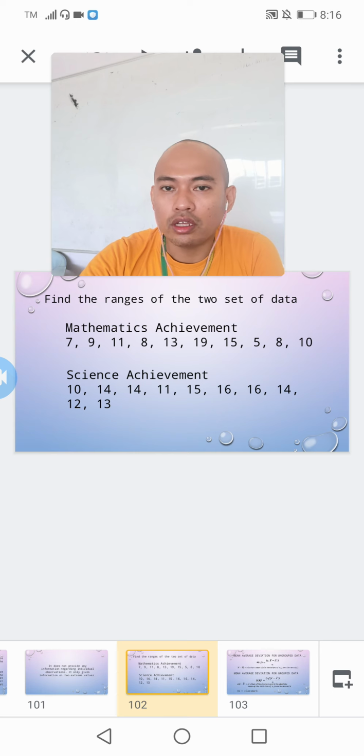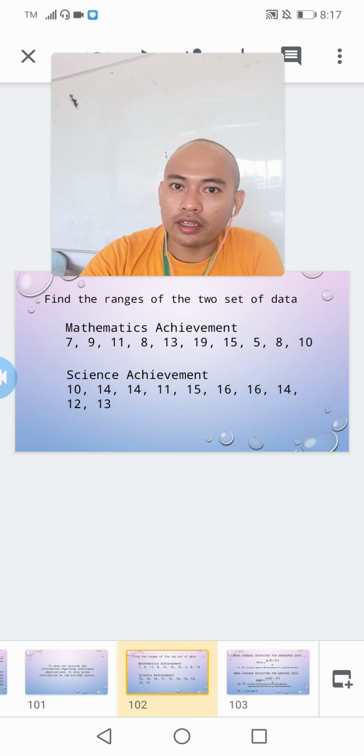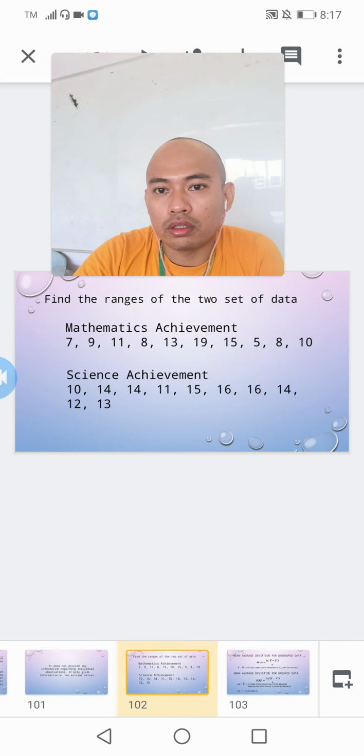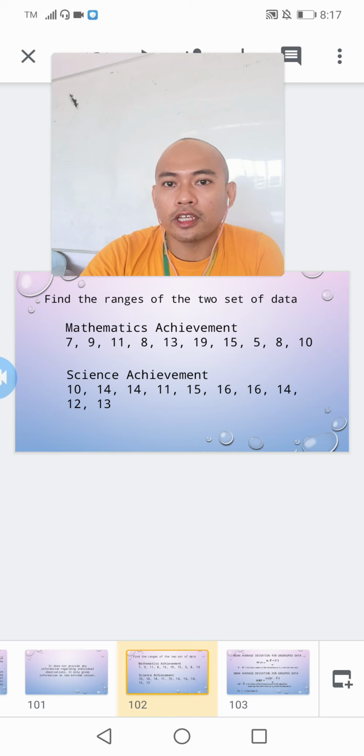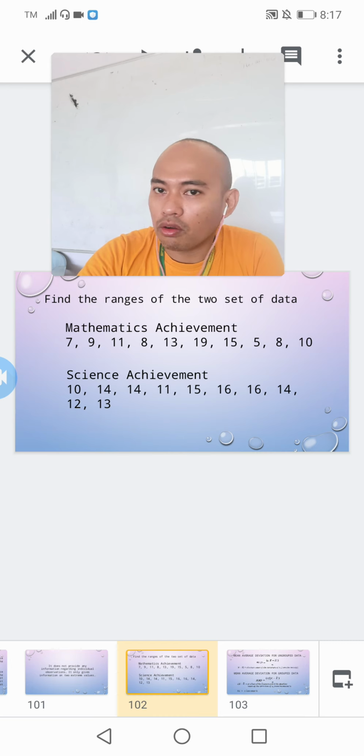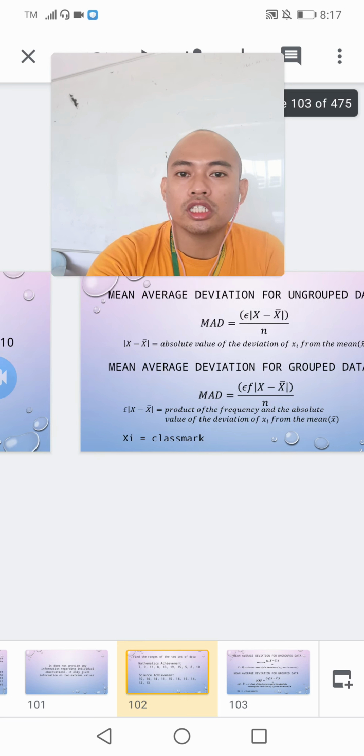So therefore, students who took the science achievement are more consistent as compared to those students who took mathematics achievement, since the value of the range in the science achievement is lesser than the range under the mathematics achievement. So this is all about the range, one of the measures of variability or dispersion. Okay, so let's proceed to the next one.